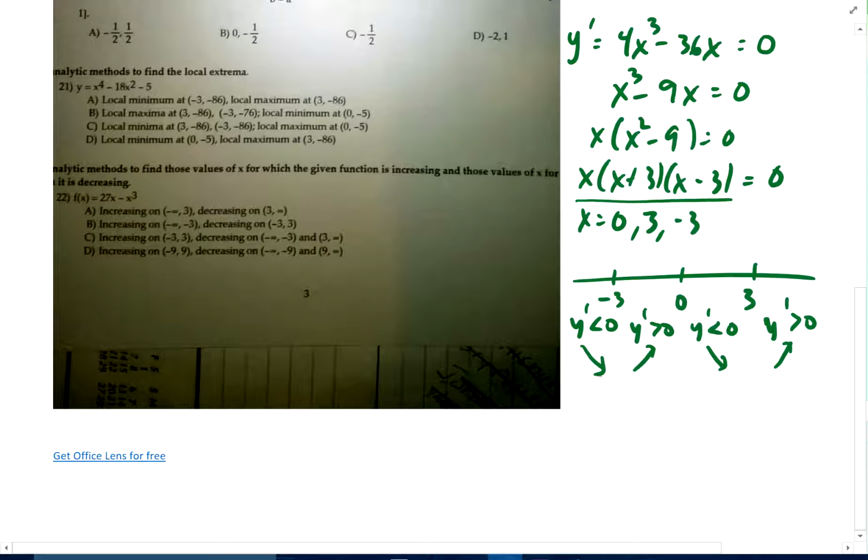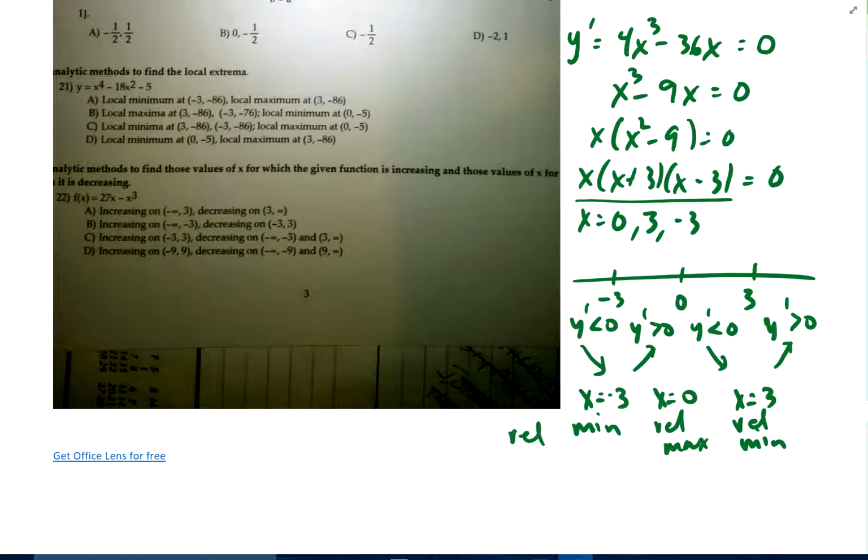So at x equals negative 3 is a relative minimum. X equals 0 is a relative max. And x equals 3 is a relative minimum. That's what I'm looking at here. So it's decreasing, then increasing, then decreasing, then increasing.